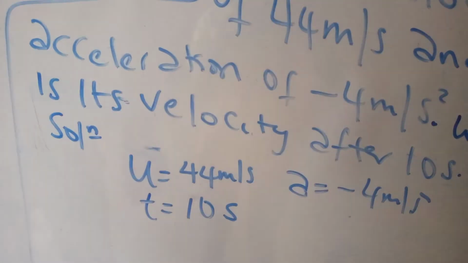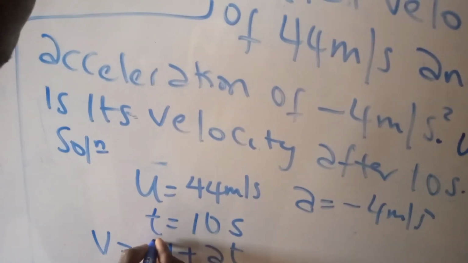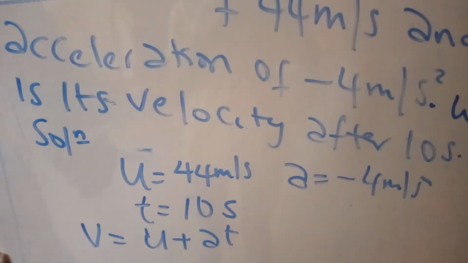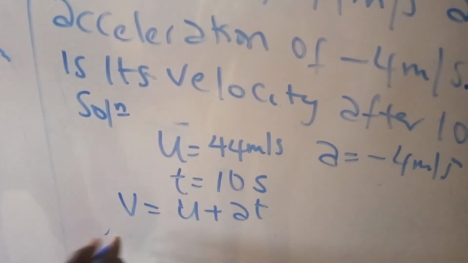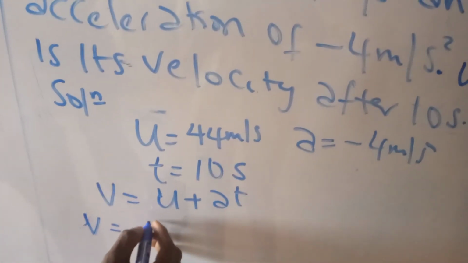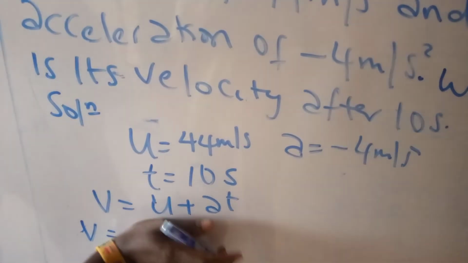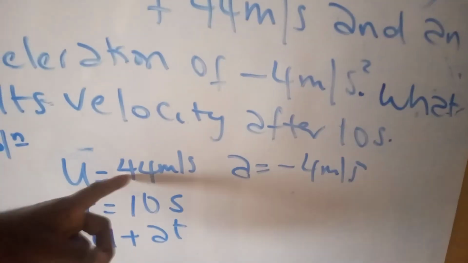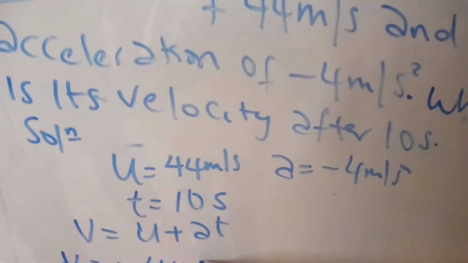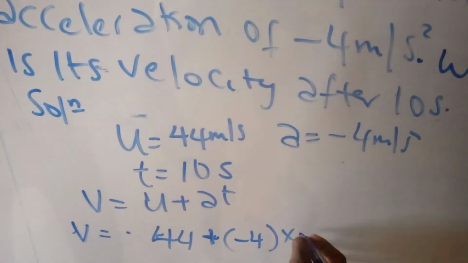So you use the first equation of motion: V equals u plus at. We have the final velocity, which we are meant to find. The initial velocity is 44, the acceleration is minus 4, and the time given is 10 seconds.